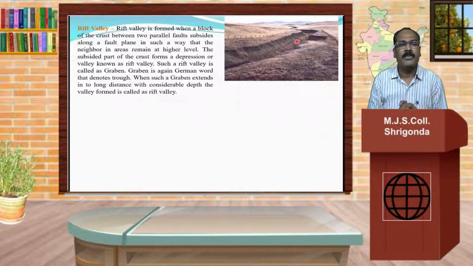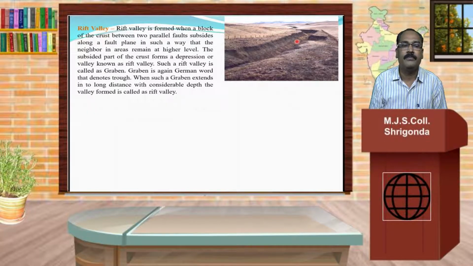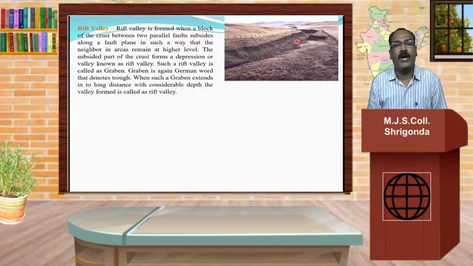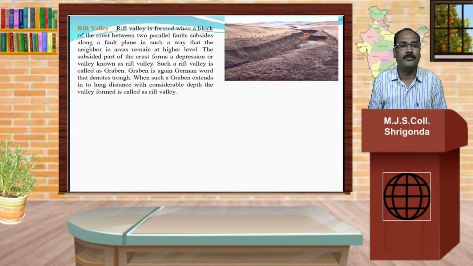The subsided part of the crust forms depressions or valleys known as a rift valley. Such a rift valley is called a graben. Graben is a German word that denotes a ditch.